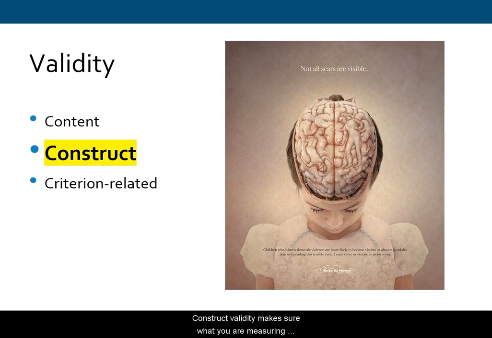Construct validity makes sure what you are measuring matches the concept you are trying to measure. Often in the selection process, we're trying to measure concepts that are not directly observable. For example, you might want to measure an applicant's intelligence, which is not usually observable. Research has shown that the IQ test is relatively accurate in capturing the construct or concept of intelligence.